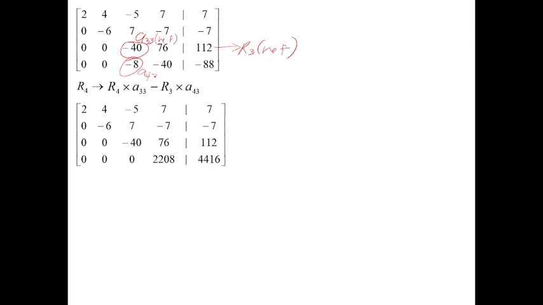Check natin. So, di ko na titignan ng pattern. Ganito lang yan. 0 times negative 40 minus 0 times negative 8. 0 minus 0 is 0. Kaya nakuha yung 0. Okay? Next. Ito naman, 0 times negative 40 minus 0 times negative 8. 0.